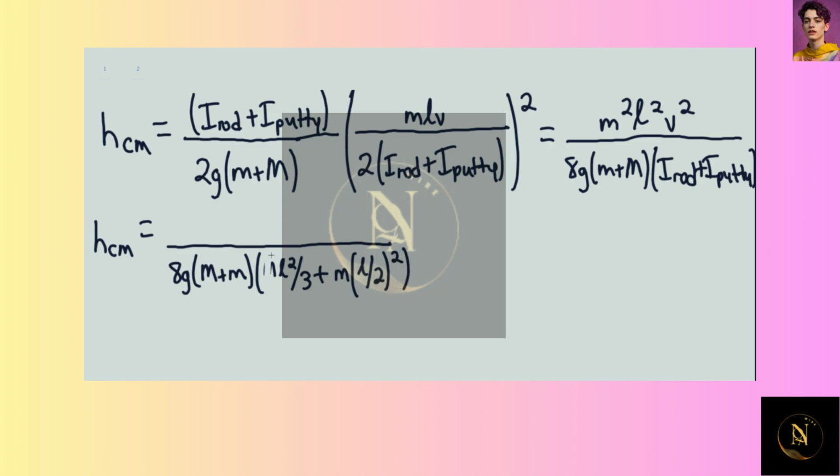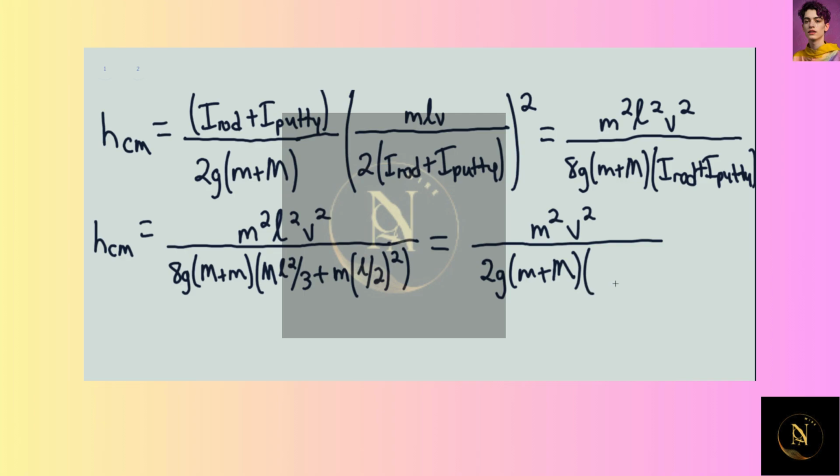This is specifically capital M, and this is lowercase m. And then for the numerator, we have m squared L squared V squared, and so this is equal to m squared V squared divided by 2g times the sum of the masses multiplied by 4/3 M plus lowercase m.